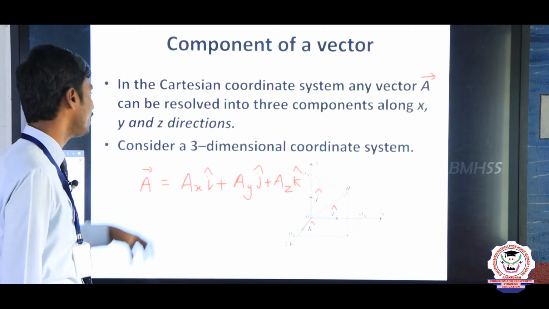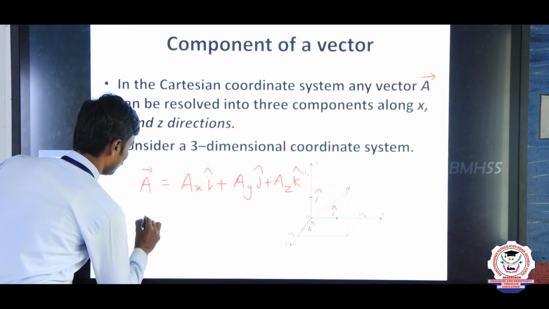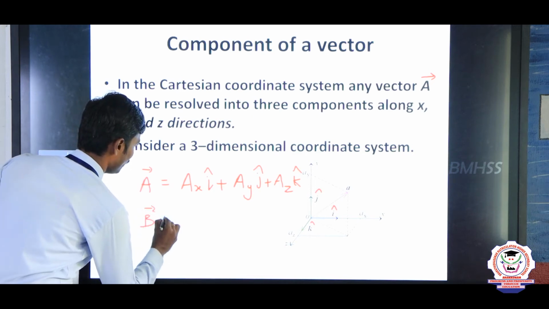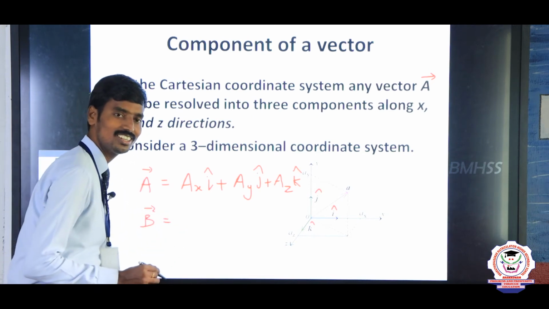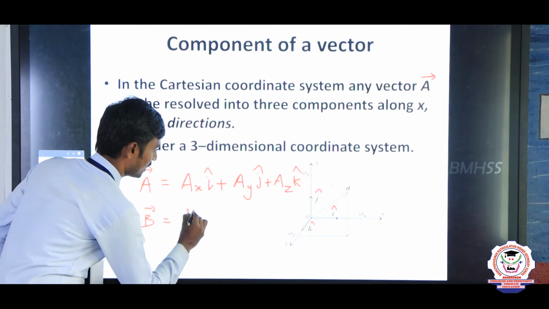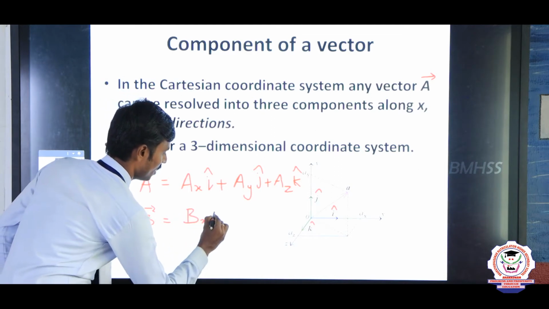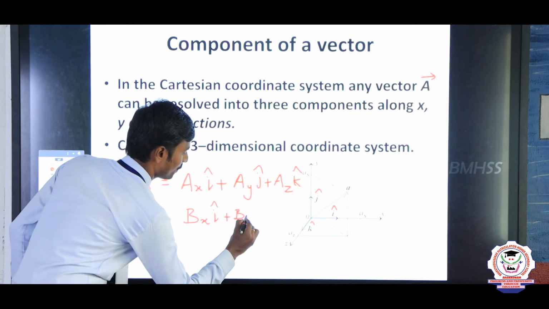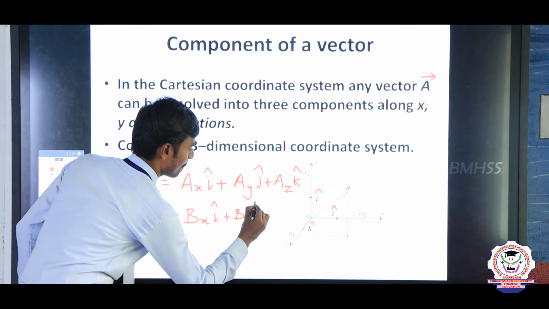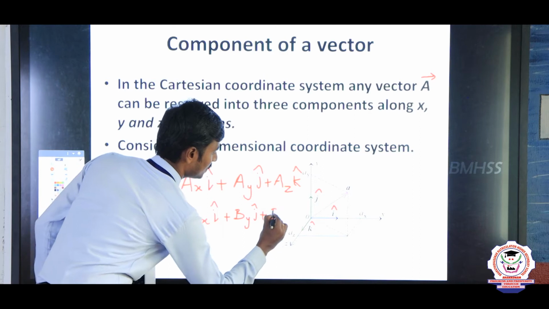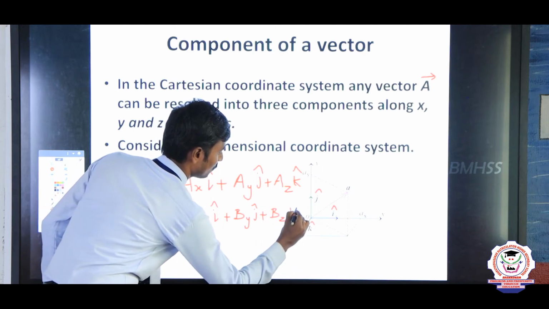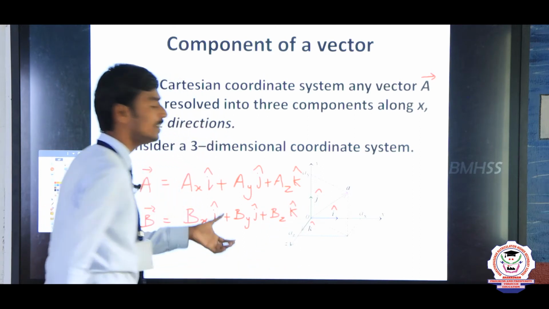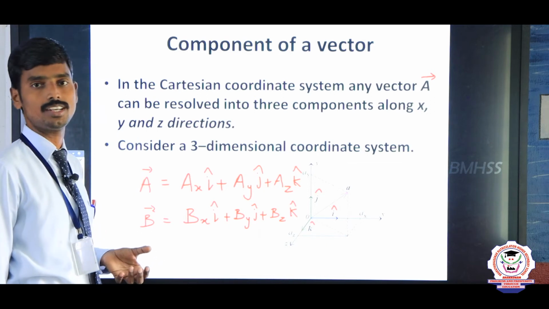Similarly, we can write b vector equal to bx i cap plus by j cap plus bz k cap. This is a three dimensional Cartesian coordinate system.